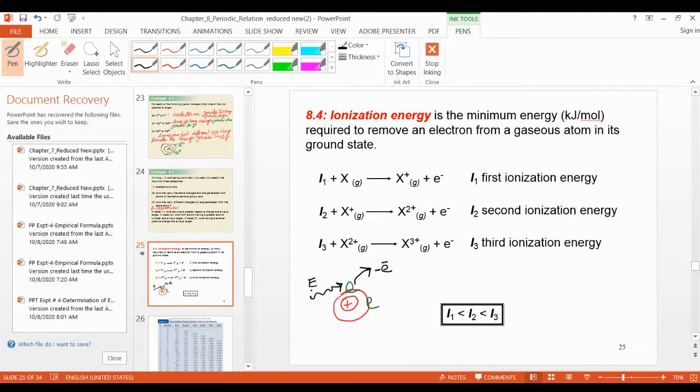This energy is known as ionization energy. The electron is ionized from its ground state in the atomic structure.